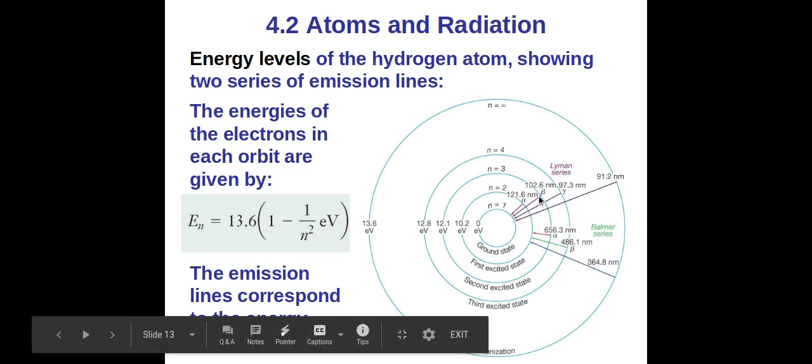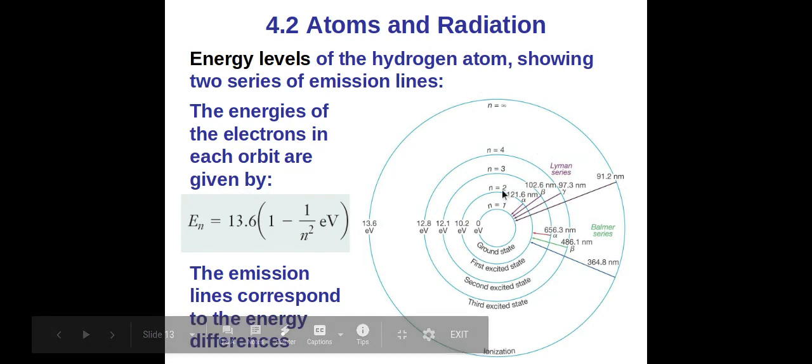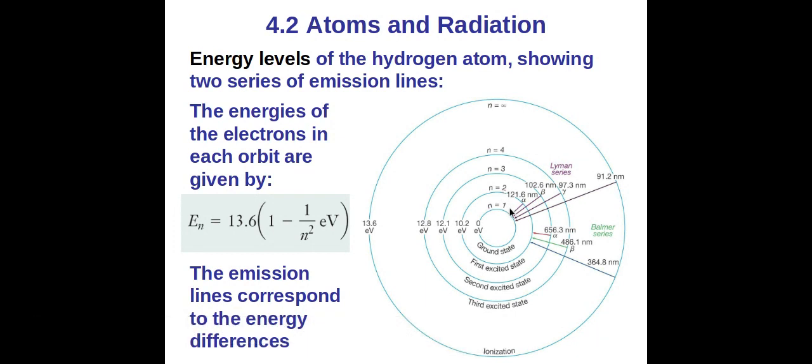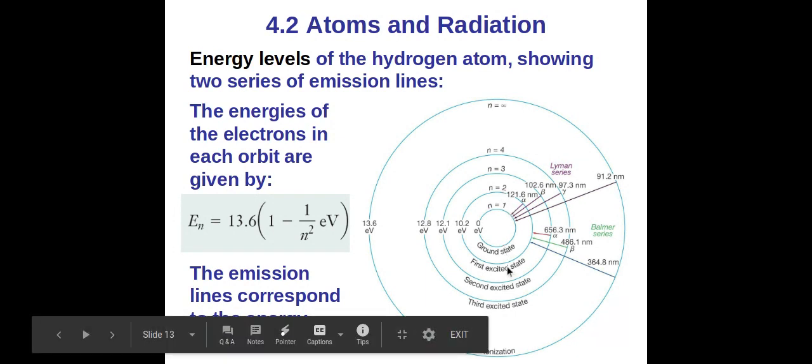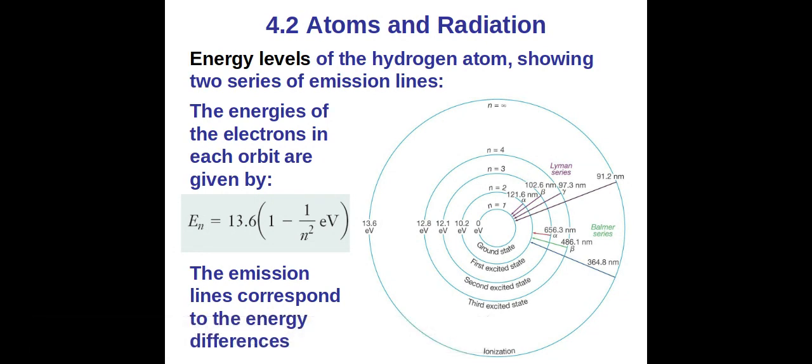There's first, second, third, just depending on how much energy is put into it. You can go from ground state to first, ground state to second, to third. If you put too much energy in, you get what's called ionization. It says it down there at the bottom. That's basically where the electron says, okay, too much energy, and it's going to take off and not be associated with the nucleus anymore.